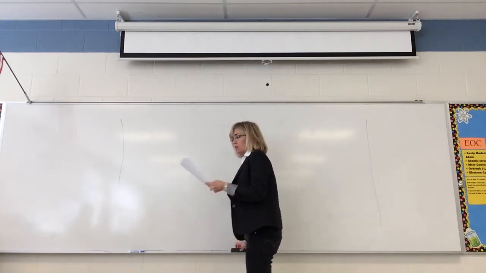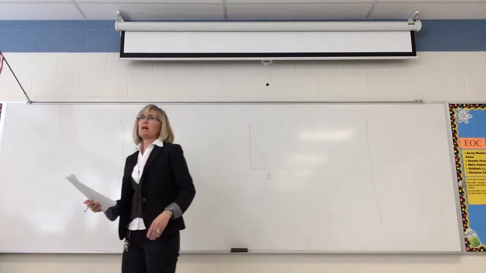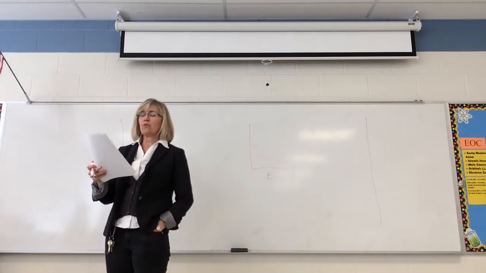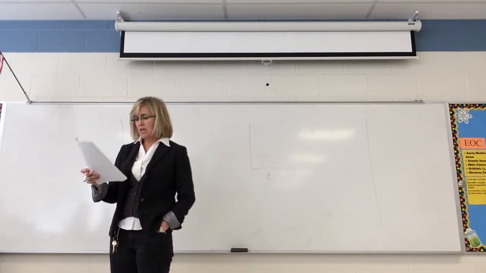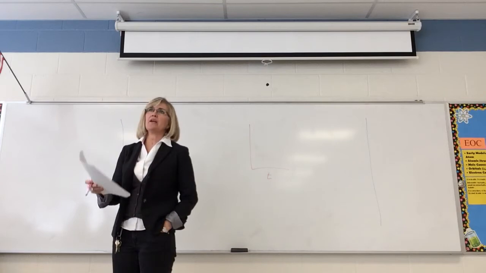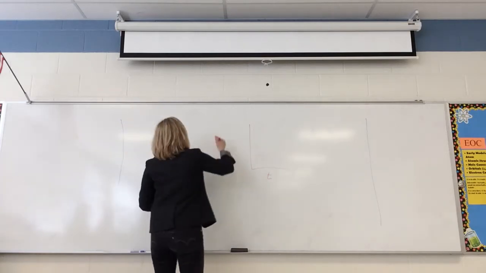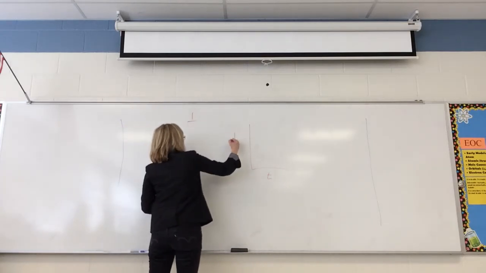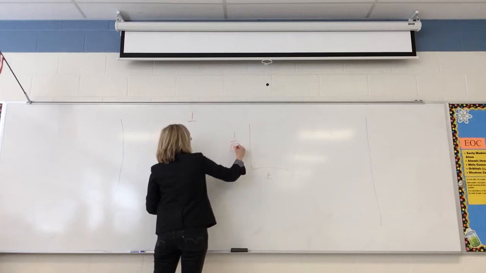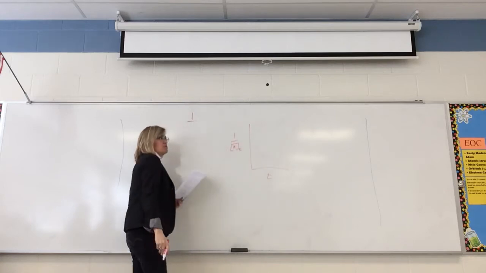If it's a second order reaction, I would invert those concentrations. I'd take 1 over 0.01. I would take 1 over 0.0088. All right, because a second order reaction will graph 1 over this concentration versus time.